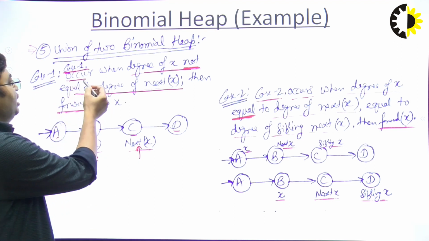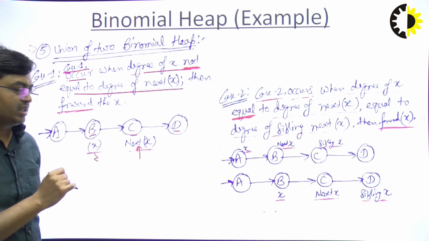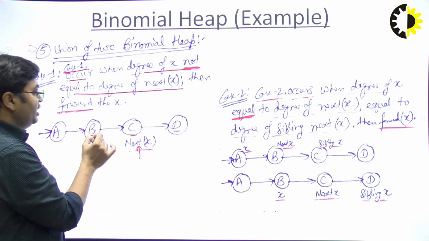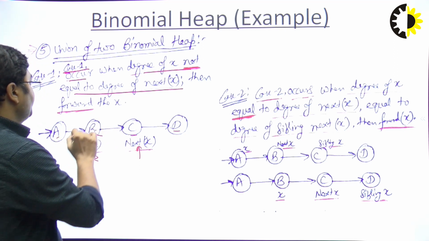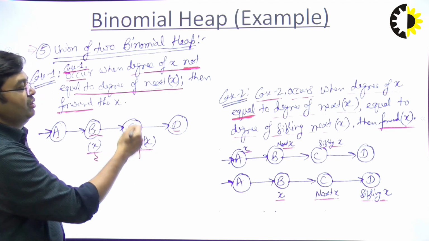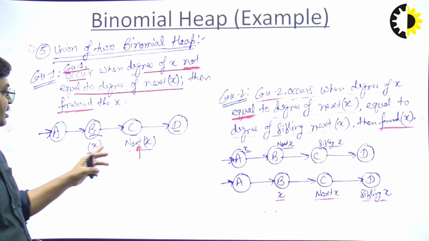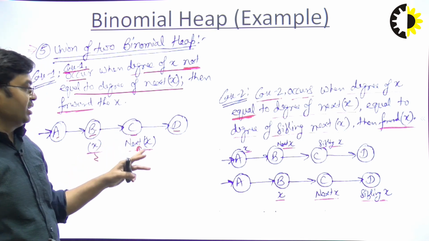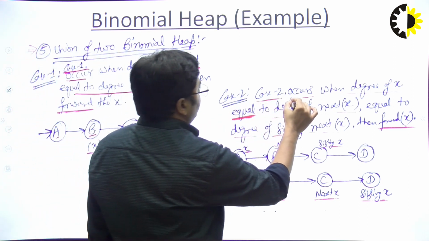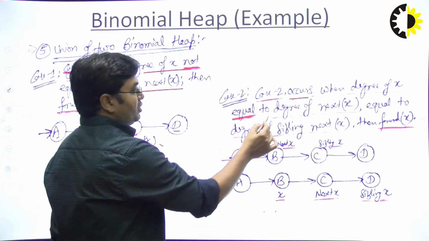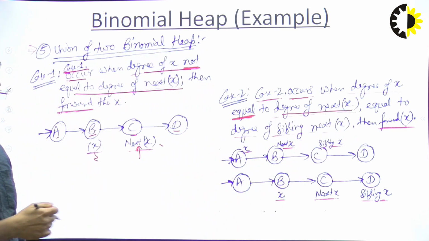Means if the degree of x is not equal to the degree of next of x, means degree of b is not equal to the degree of c, then we forward the value of x, means we forward x to the next value, then c becomes x and d becomes the next of x. Case 2 occurs when the degree of x is equal to the degree of next of x and equal to the sibling of next of x.